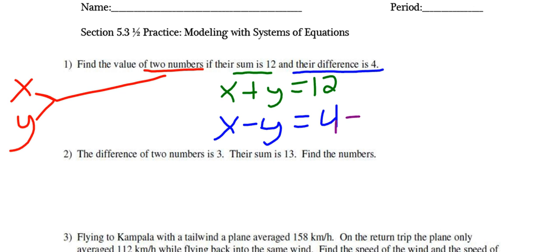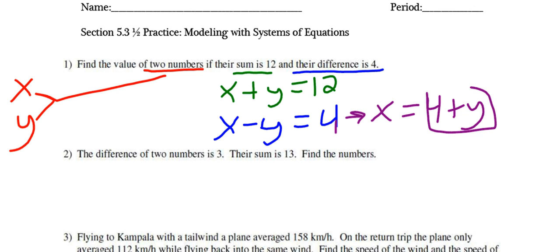Now I see down here it's easy to get x by itself. So if I add y to both sides, I get x equals 4 plus y. So now I'm going to take this 4 plus y for x, insert it into this x up here. So I'm going to have 4 plus y plus y equals 12.